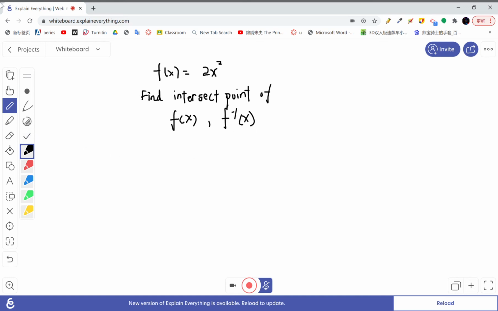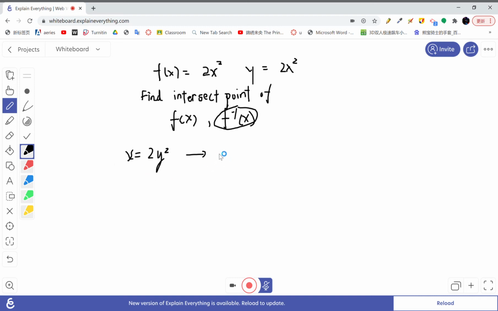So let's start. First we want to find the inverse of this, right? Since this is basically y equals 2x squared, the inverse is x equals 2y squared, and we solve it by dividing both sides by 2.